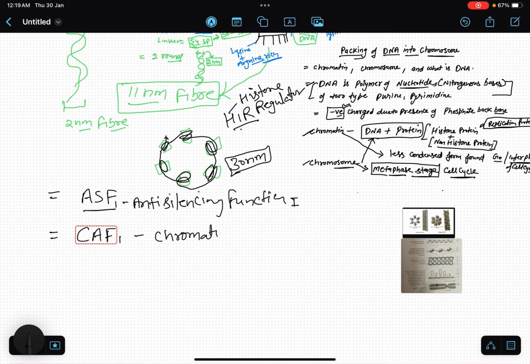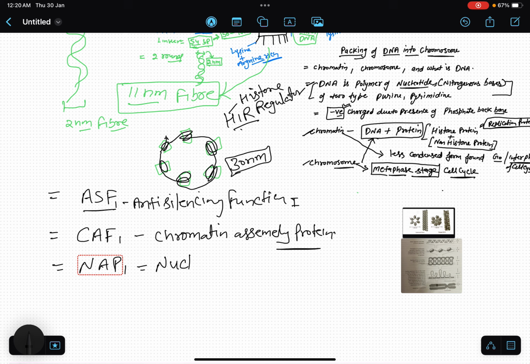chromatin assembly protein. These are some proteins. One more is the NAP1, nucleosome assembly protein.